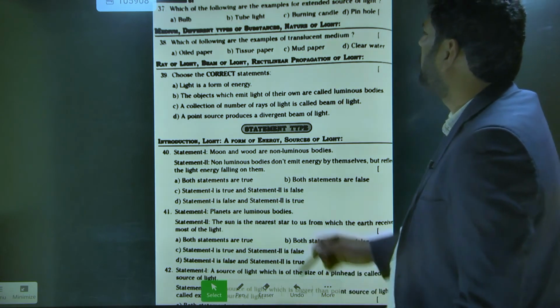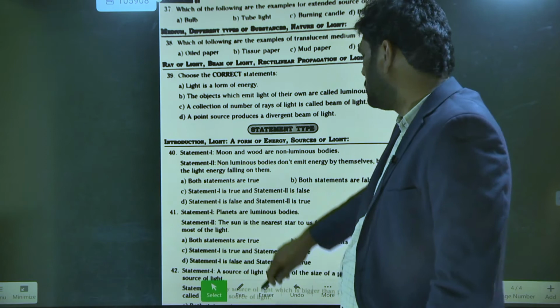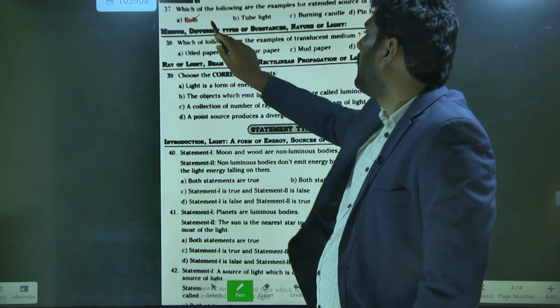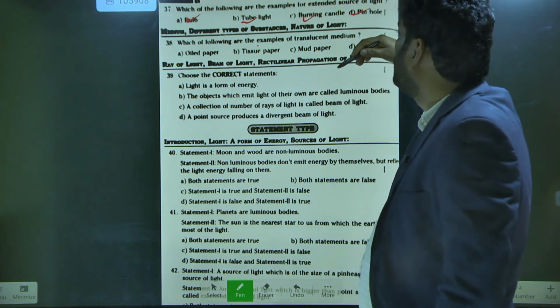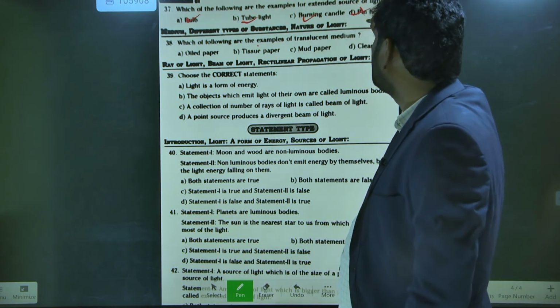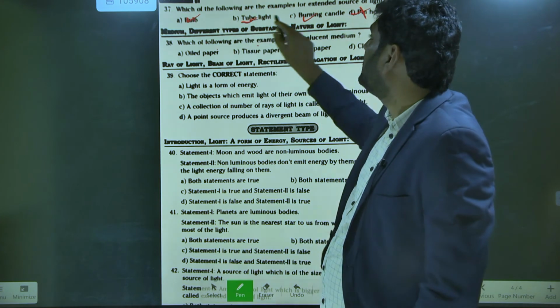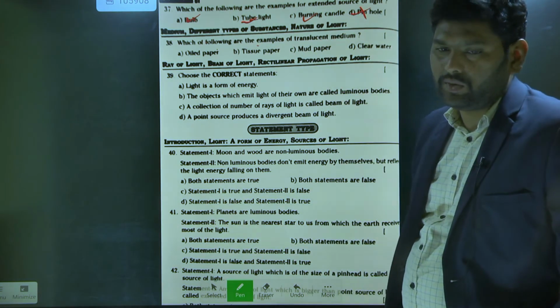Very simple. Tube light is an extended source. Even a bulb is also an extended source. Burning candle. Pinhole is not our answer, since A, B, C are the answers for the question.